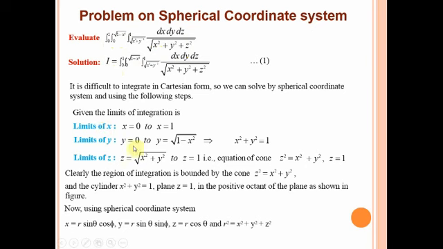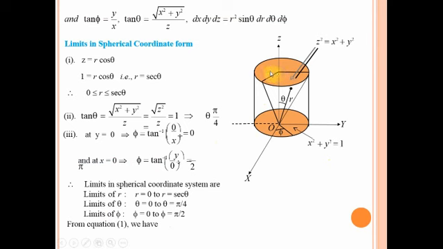The limits for y are 0 to the square root of 1 minus x square, so that x square plus y square is equal to 1. And for z, it is from the square root of x square plus y square to z equal to 1. That is the equation of the cone, z square is equal to x square plus y square, with z is 1. So if we put these values, this will be the diagram of the whole problem. This is the cone type of structure.